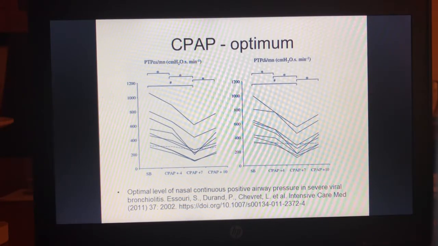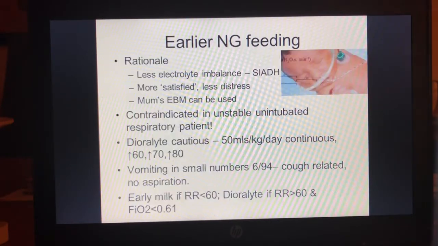So this helped us decide that we would use up to 7 centimeters of water pressure, which is a bit higher than most people use in most units around the UK, set around 4 to 6 centimeters of water pressure.